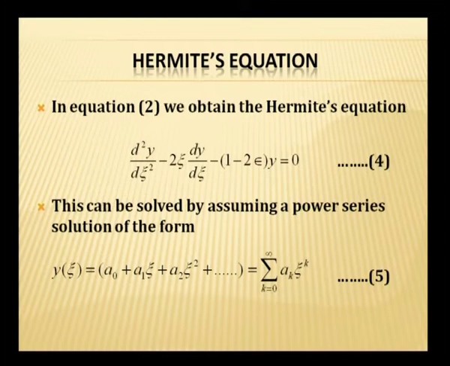You write y as a function of epsilon equal to a naught plus a 1 epsilon plus a 2 epsilon squared and so on. That is, you have the sum over k of a k into epsilon to the power of k, a power series, right. You write this y of epsilon as a polynomial, and the a k are the coefficients, the constants.